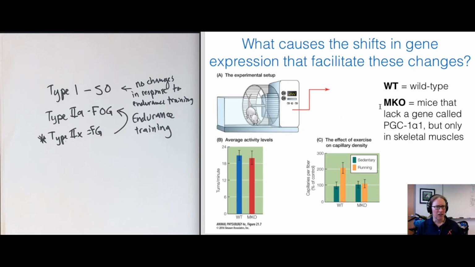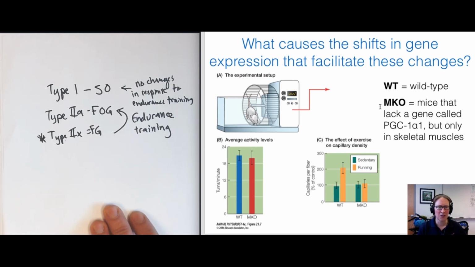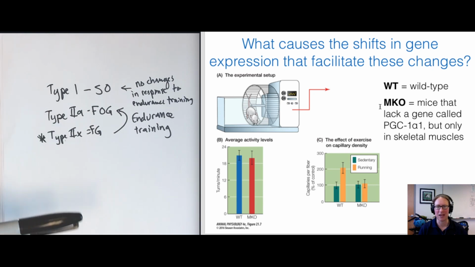Okay, so I also want to point out some of the changes in gene expression that facilitate the changes that are seen during endurance exercise. This work comes from studies of mice that have had a key gene knocked out, which helps us to determine the critical factor involved in leading to this change away from type 2X to type 2A.